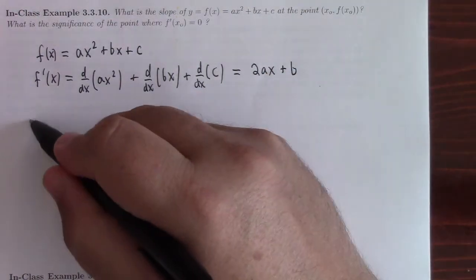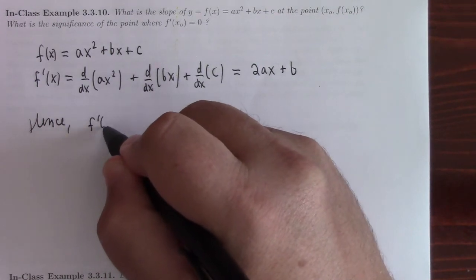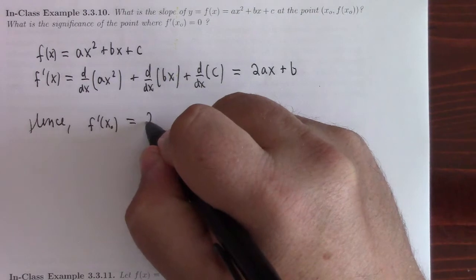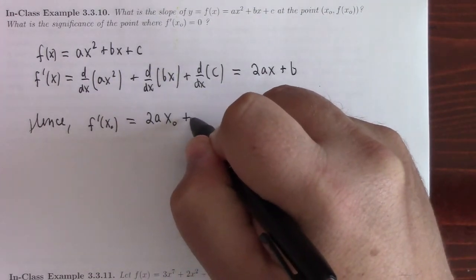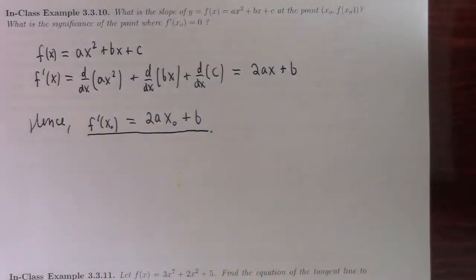Alright, so hence f prime of x naught is 2a x naught plus b. Alright, well, there you go. Very exciting. Answered that question.